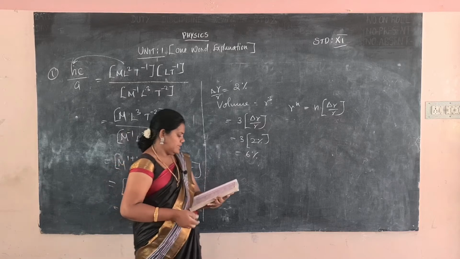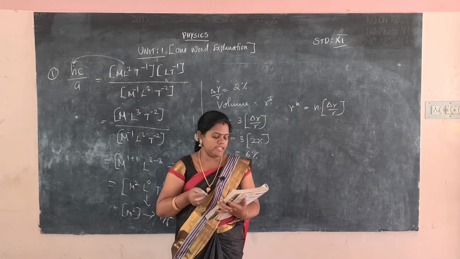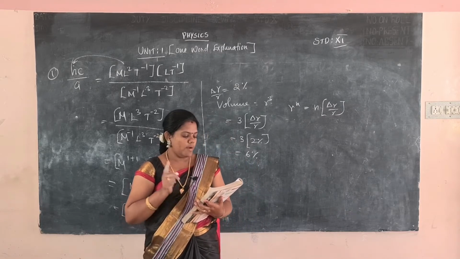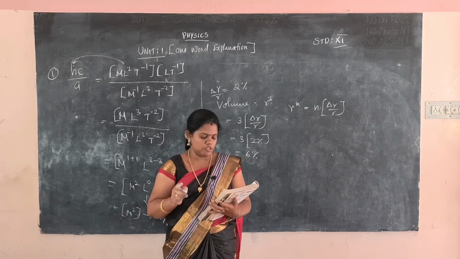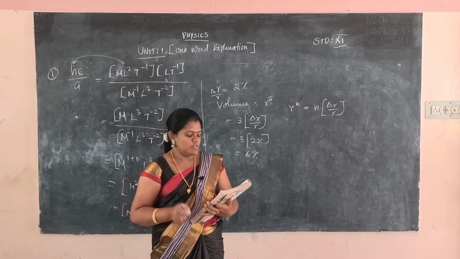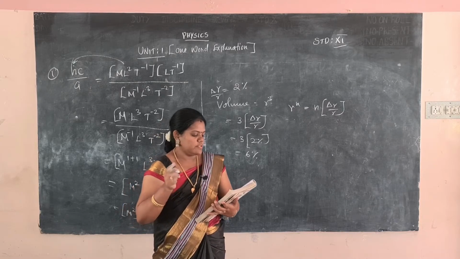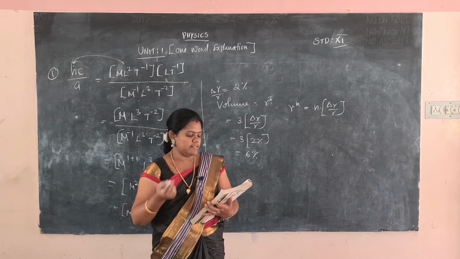Okay? Then go for the third one. If the length and time period of an oscillating pendulum have errors of 1% and 3% respectively, then the error in measurement of acceleration due to gravity is? So length and time period are measured with a pendulum, and the errors are 1% and 3%.